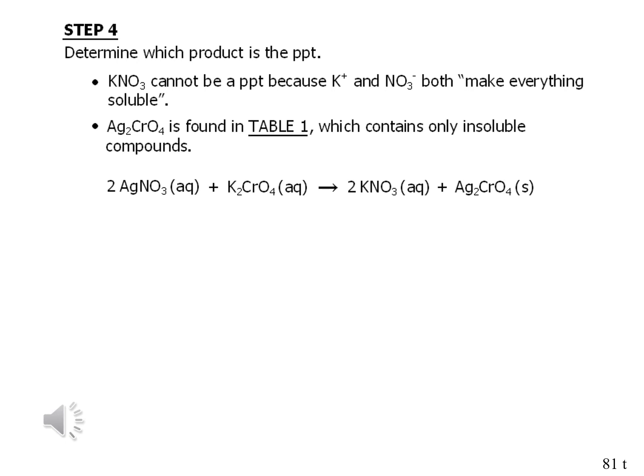So if you put the 2 of them together, they are not going to precipitate. If you wanted to check to make sure that silver chromate was a precipitate, you could look in Table 1. Remember, Table 1 only has insoluble compounds in it, and that would verify that silver chromate is the precipitate or the solid.